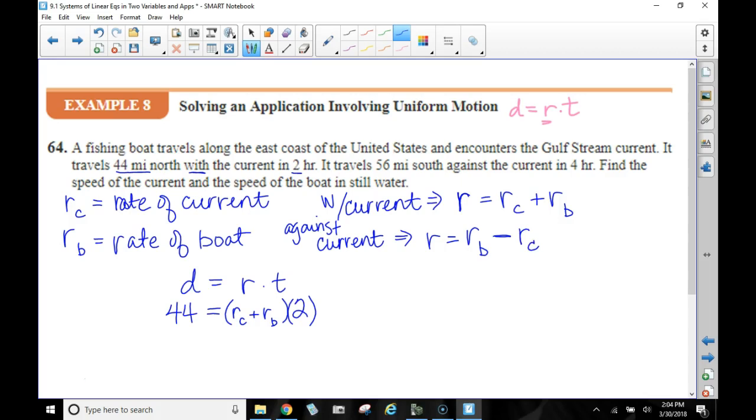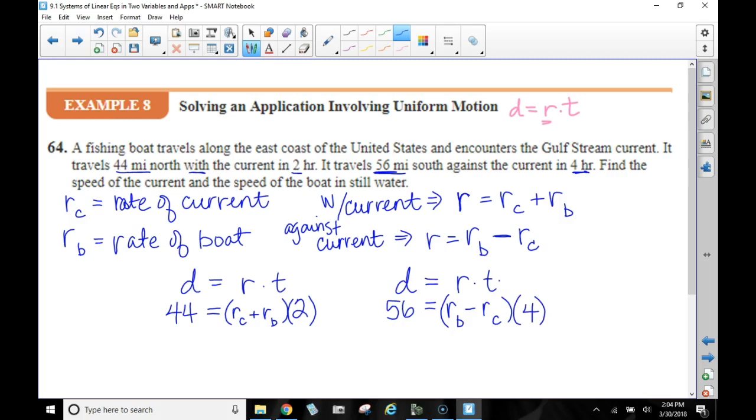Now it says we're going to travel, in this case, 56 miles. So again, distance equals rate times time. On this one, it goes 56 miles, and the rate is whatever the rate of the boat is minus the rate of the current, because it's acting against that, going against the current, and it takes a time of 4 hours to do that.